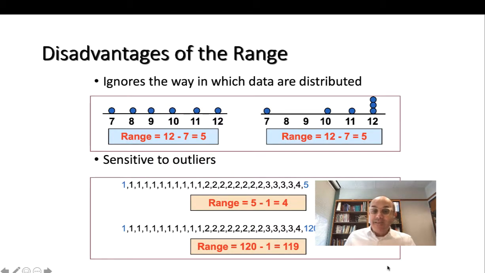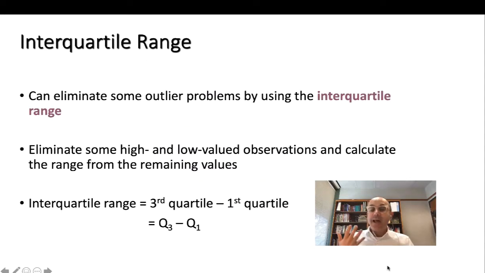However, the disadvantage of the range is that it ignores how the data are distributed, which can be a problem, especially when we have an outlier, which might be a big asset or a small asset. The range doesn't help us understand the data better.